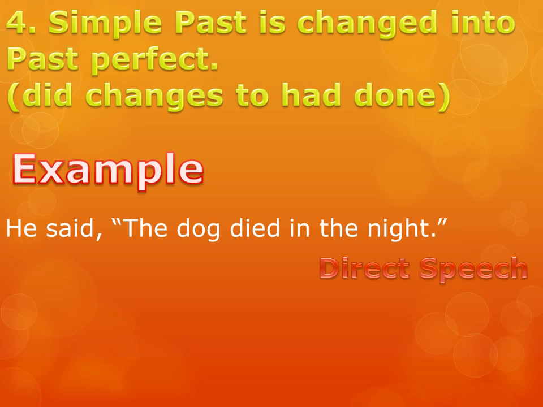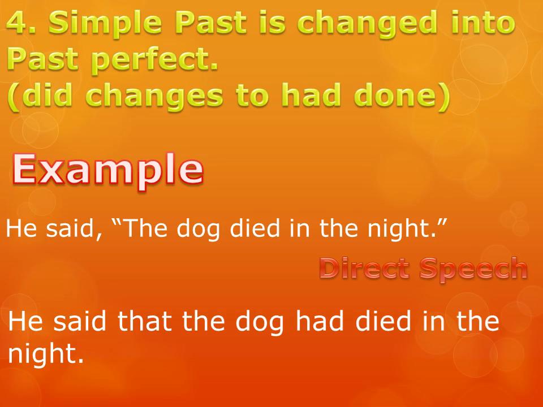Now, when we change this direct speech into indirect speech, then it is, he said that the dog had died in the night. Now, here we can see that simple past, that is died, changes to had died. That is the past perfect form.